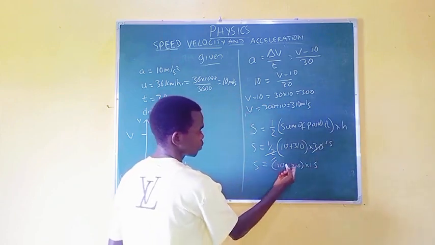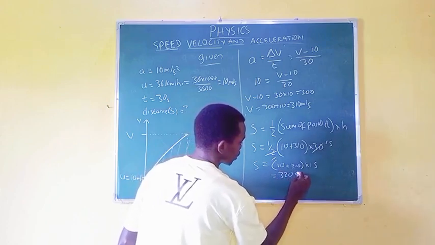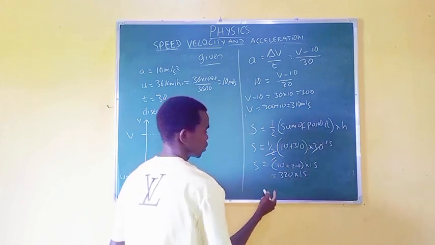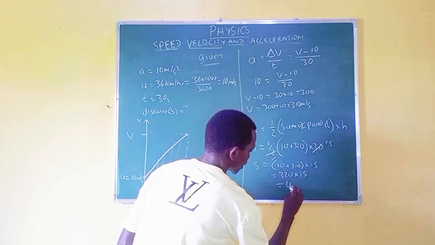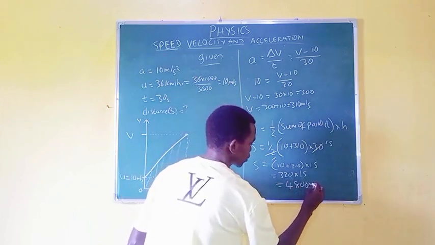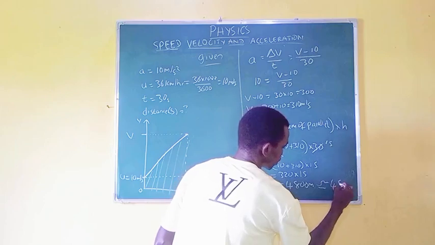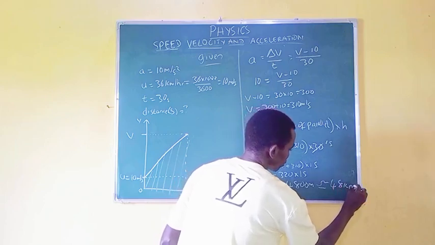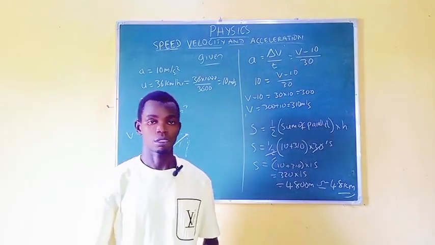I know that 10 plus 310 will become 320 times 15. Therefore, 320 times 15, we have 4,800 meters, which can be approximated to 4.8 kilometers. Here's the answer for question 5.